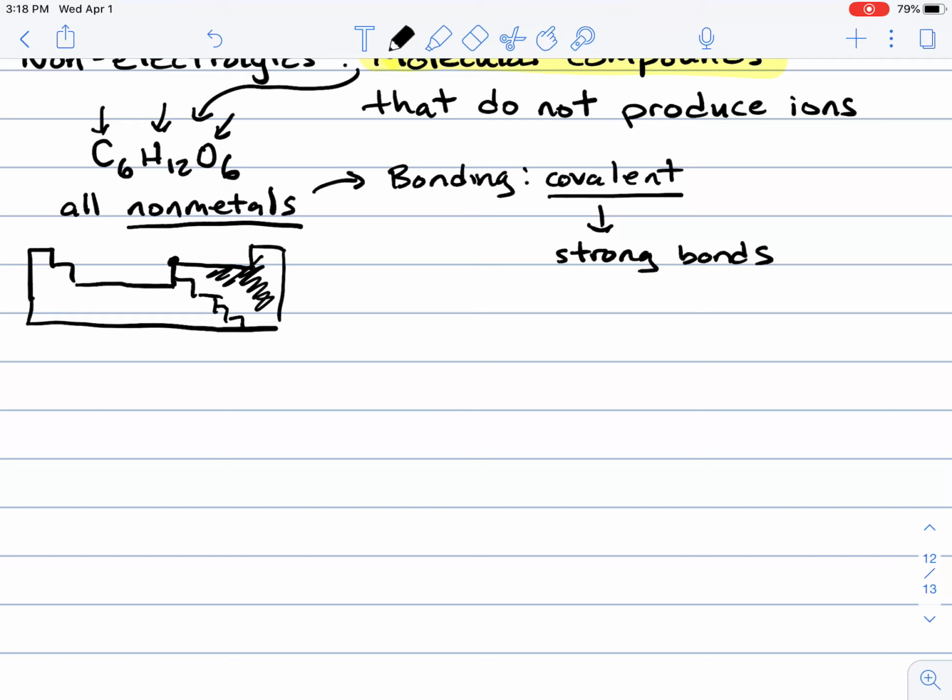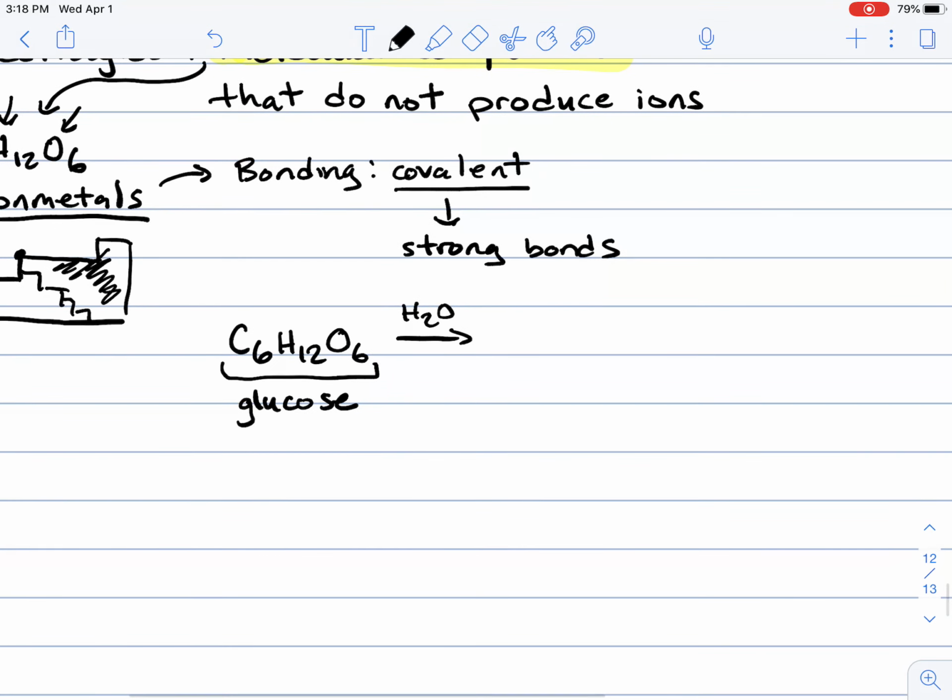And so if you were to place, for example, C6H12O6 in water, and by the way, this is the chemical formula for glucose, which is a type of sugar, what you're going to get in terms of a product is still the same chemical formula, C6H12O6.